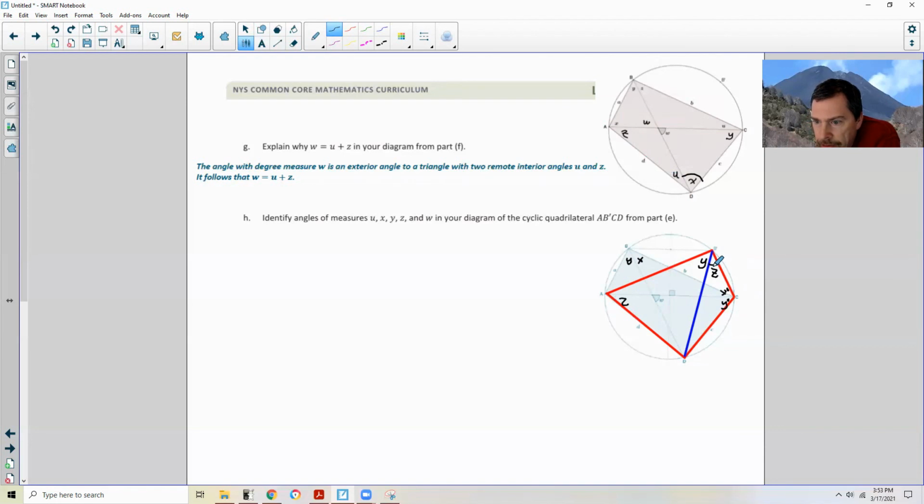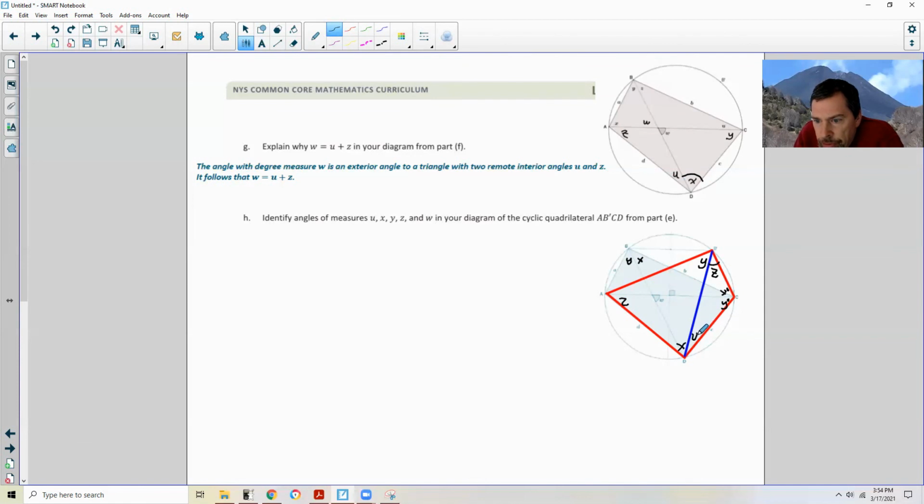So we have YZ, XY, and the last one is down here. This was X, I erased it. This is X. So what is this little sliver? Well, it's U reflected.